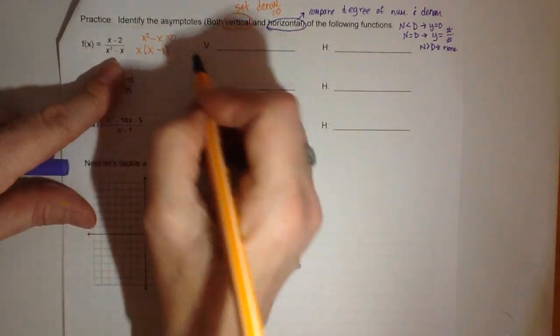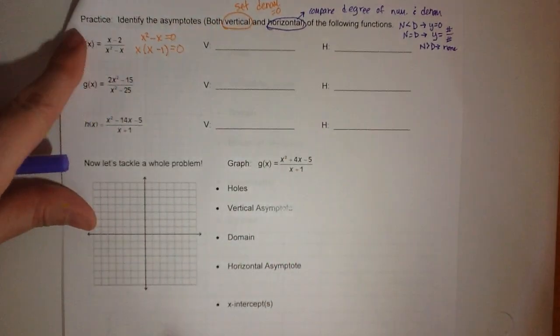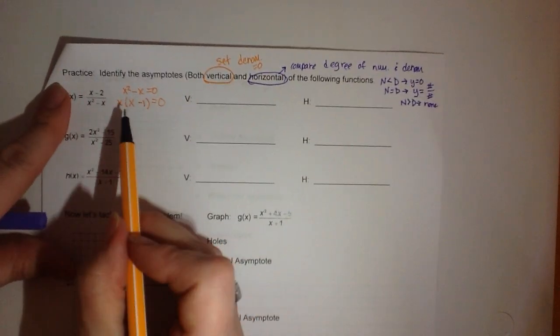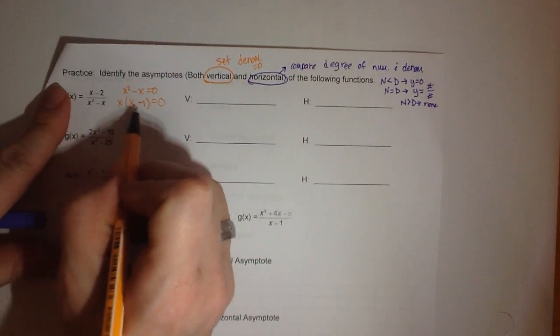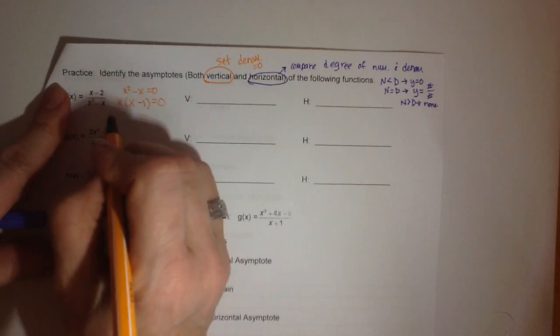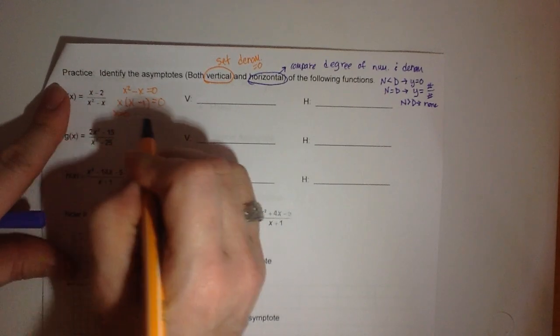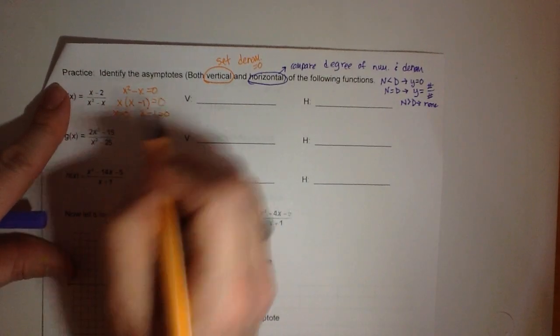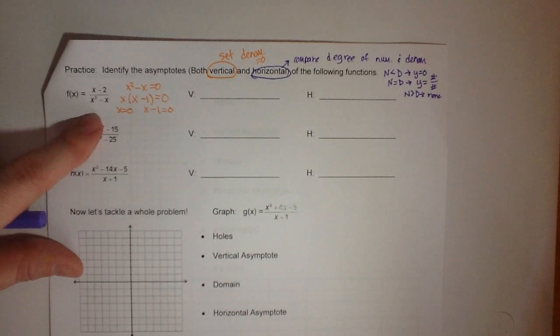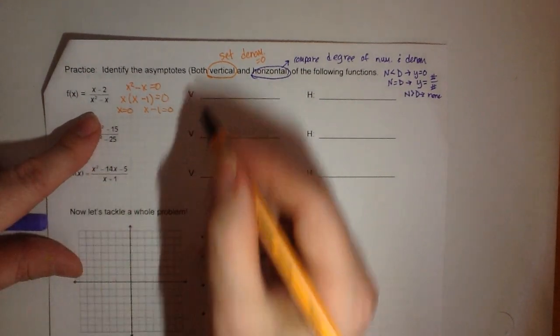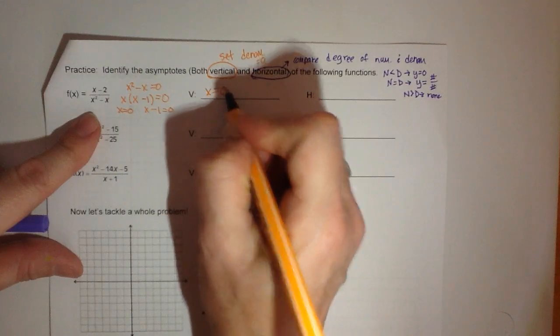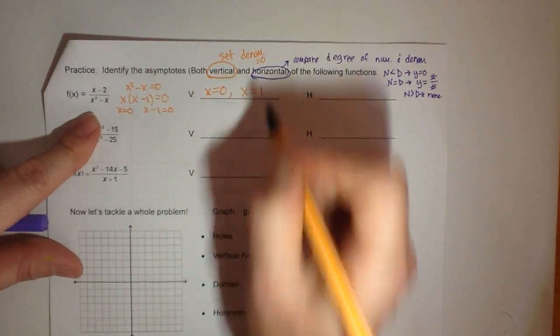So x times x minus 1 equals 0. And then once we have it factored, we set each part that contains a variable equal to 0. So we have x equals 0, x minus 1 equals 0. So this particular function is going to have 2 vertical asymptotes, one at x equals 0 and one at x equals 1.